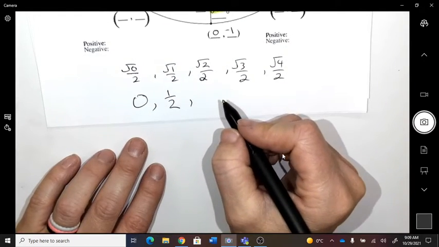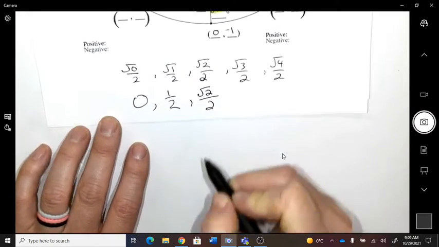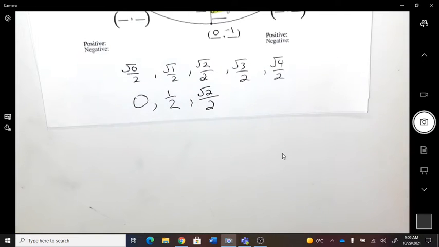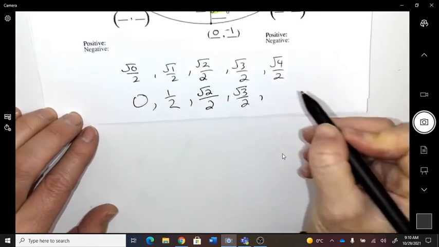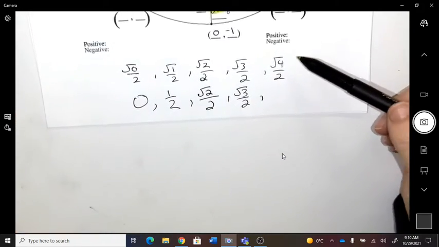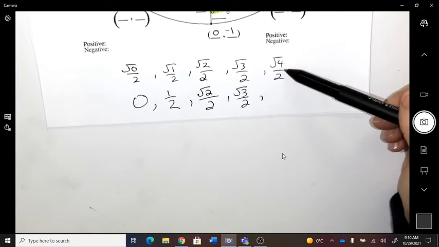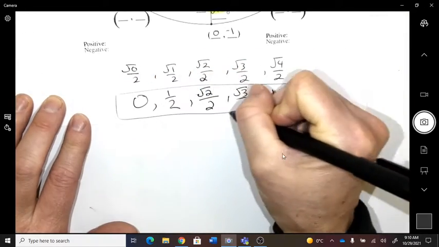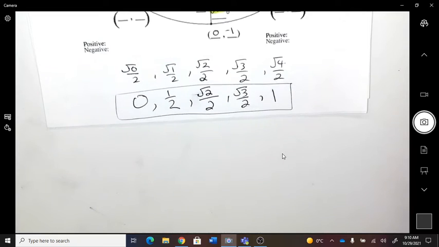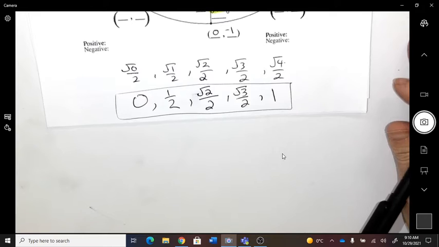Is there anything I can do with a root 2? No. So root 2 over 2. Root 3, nothing you can do with that. Is there anything you can do with a root 4? It becomes 2. 2 divided by 2 becomes 1. So these are the values that I'm going to place on this circle. And we're going to figure out the pattern that they go in.